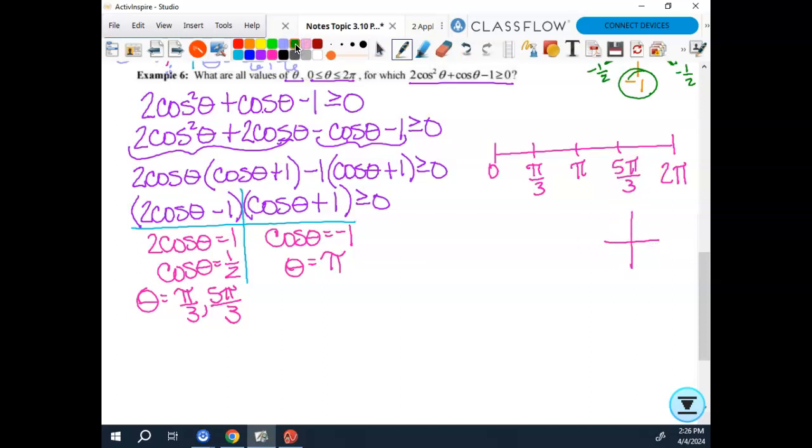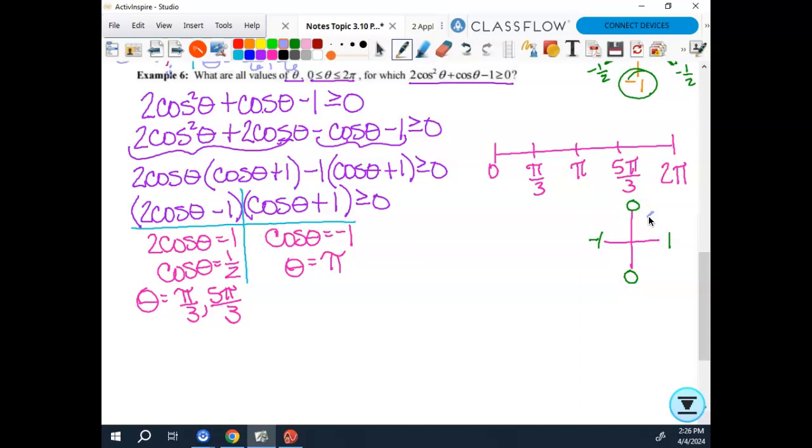This is all cosine, so my quadrantals are 1, 0, -1, and 0. Okay, so we want to pick something between 0 and pi thirds, right? And whatever between 0 and pi thirds, up there I had to like use the values and figure that stuff out because I didn't know any other angles.